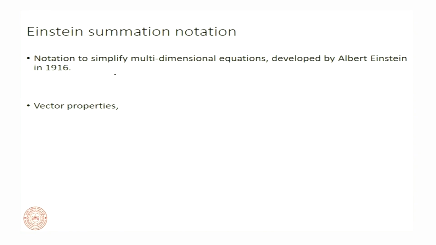According to Einstein, any vector x has three components, say x1, x2, x3, and it can be written as xi ei, where any repeating index is summed over. So repeating indices are added.